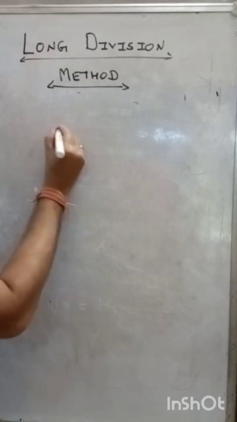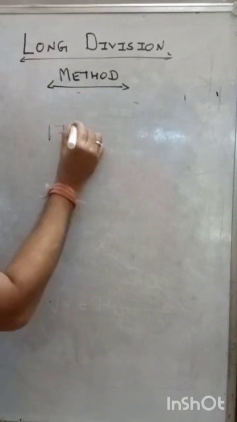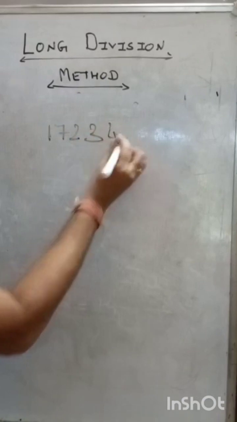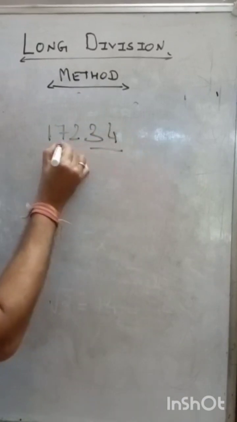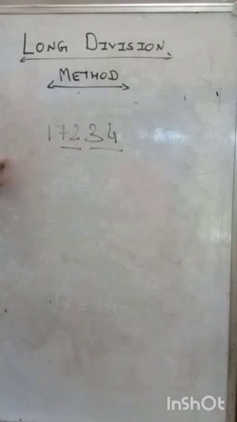Suppose the number is 17234, you have to consider from right to left. You have to pair it, and find the square smaller than or equal to 1. So you can put 1.